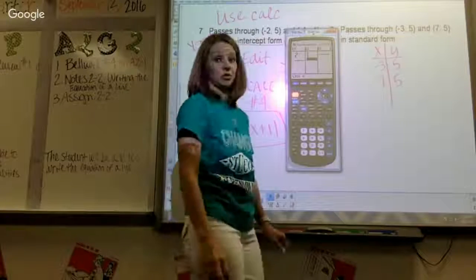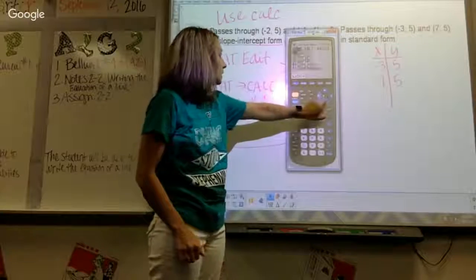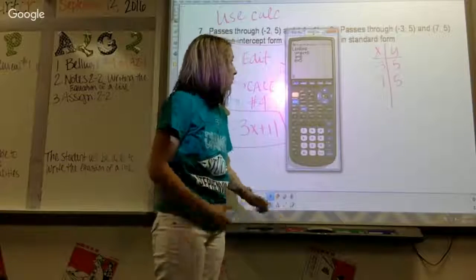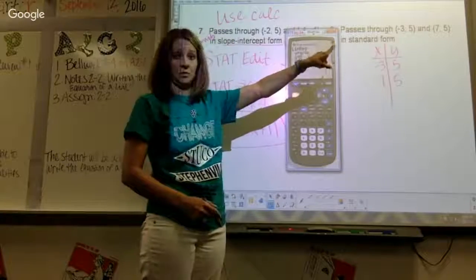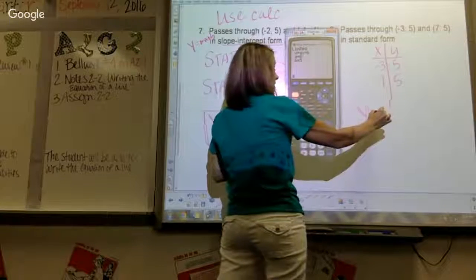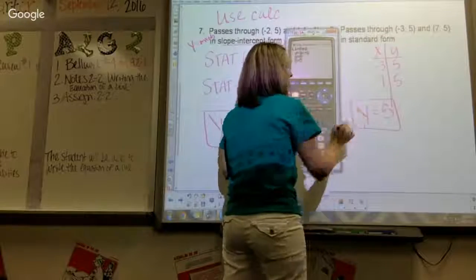Notice the y values are exactly the same. Stat, Calc, 4. Notice your slope is 0. Okay? So y would equal, we're not going to write 0x, there's just not an x there, so y equals 5.